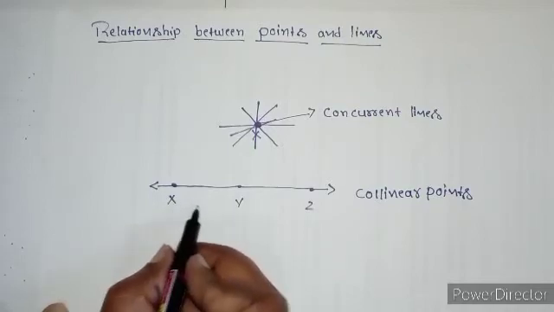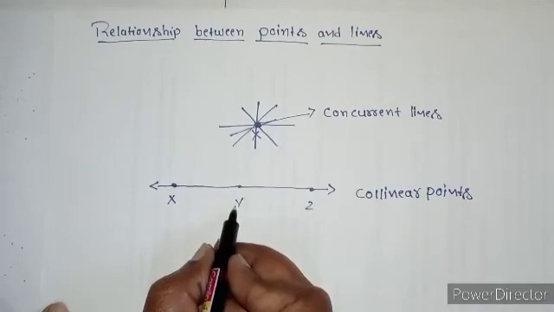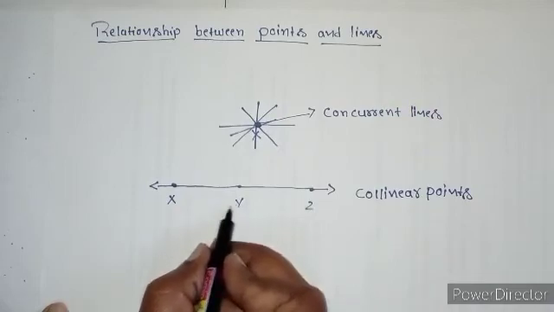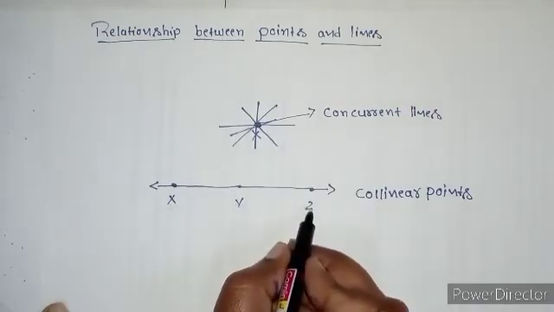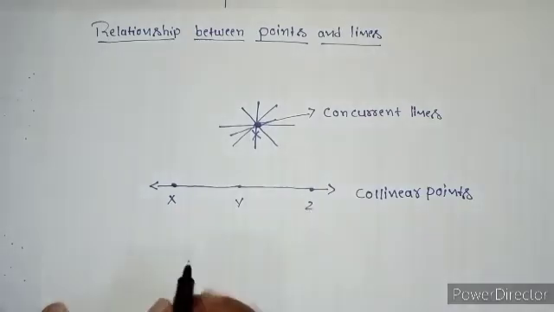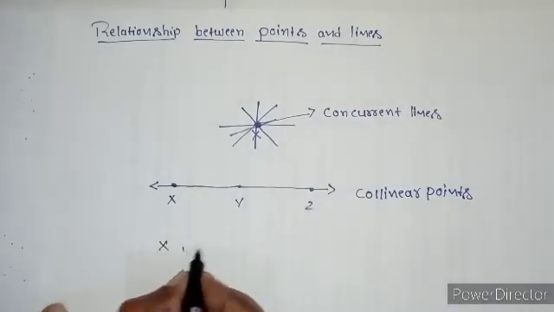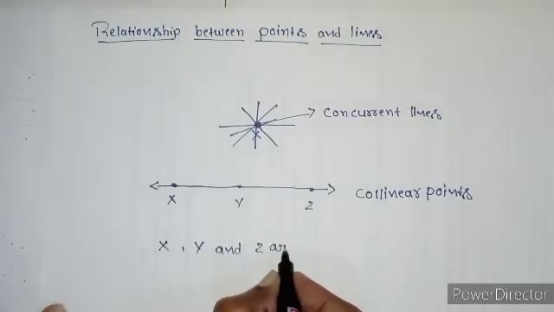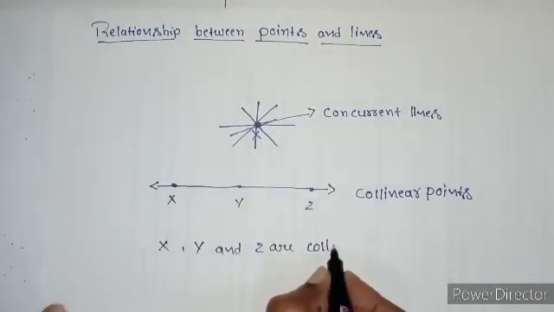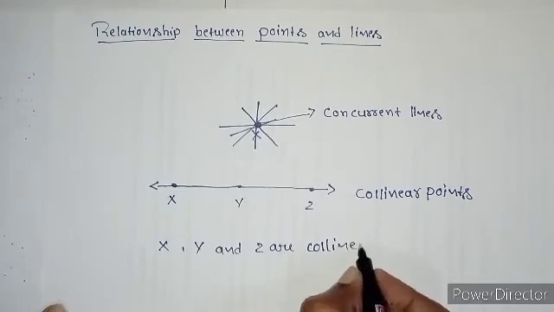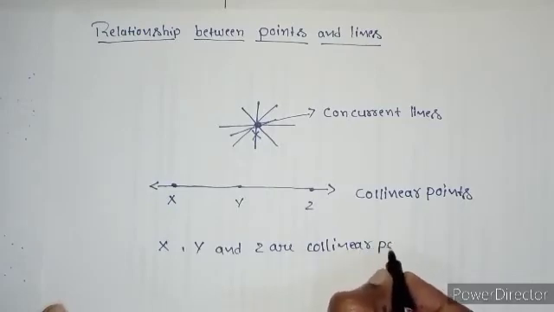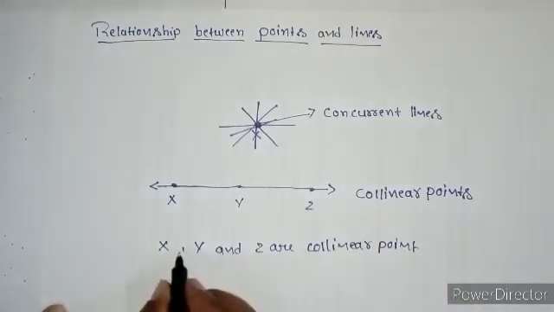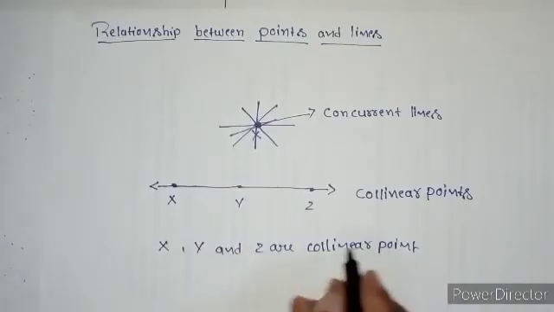Here point y is between the points x and z. So here x, y, and z are collinear points.